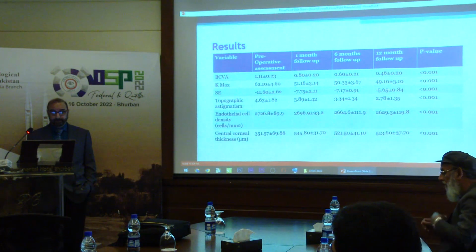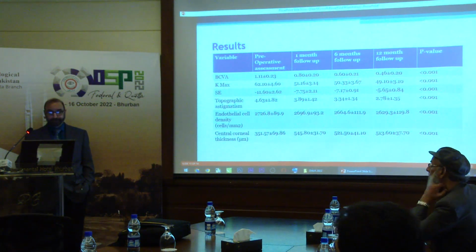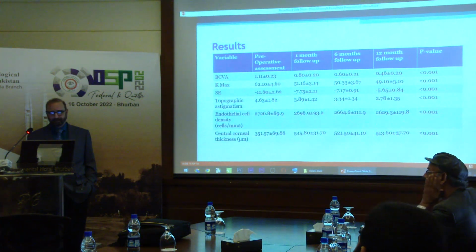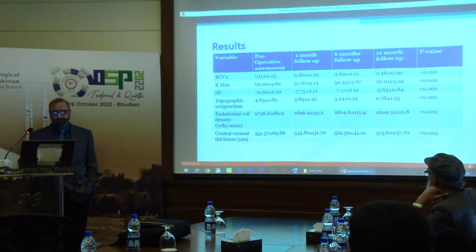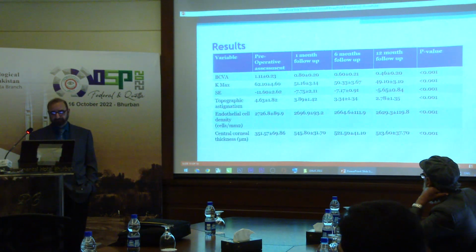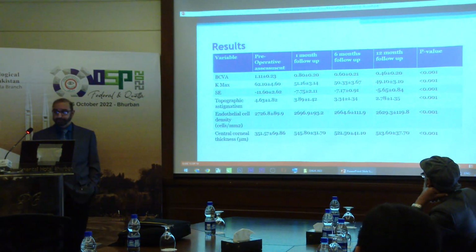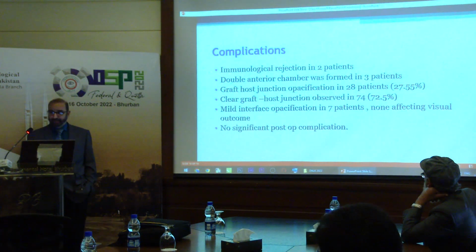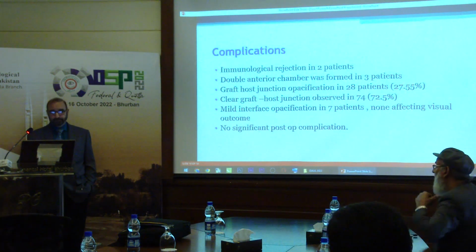But in our study, endothelial count was not significantly affected. Central corneal thickness on average was around 350, and after surgery it increased to 530. So we do not have any significant complication with the procedure.